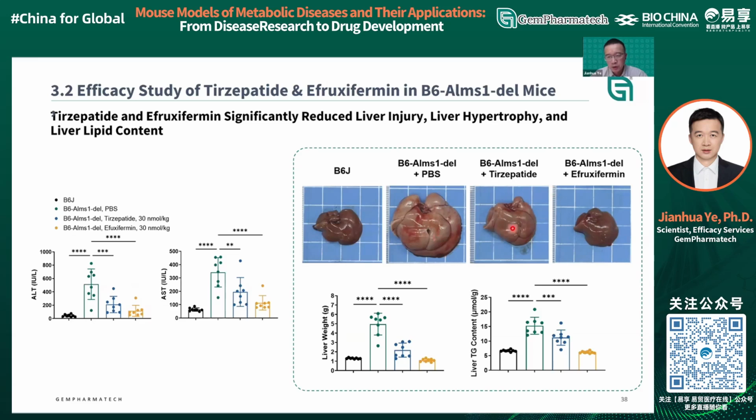But after the treatment of the two drugs, the liver size becomes normal, and its color turns normal, like brownish. And the liver weight, from this chart, you can see that the liver weight is reduced after the treatment, and also the triglyceride content in the liver is also reduced.